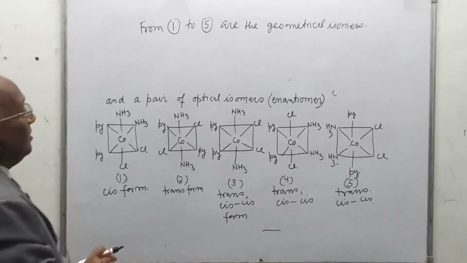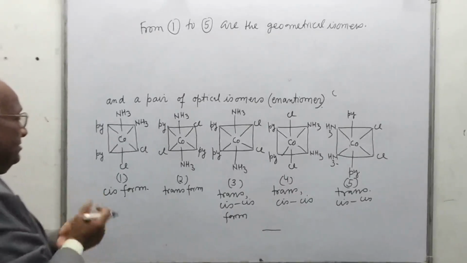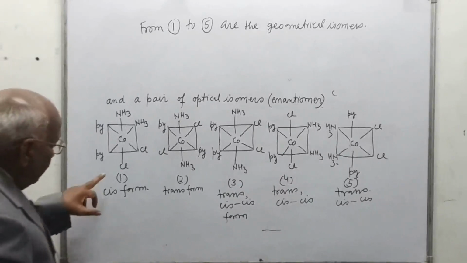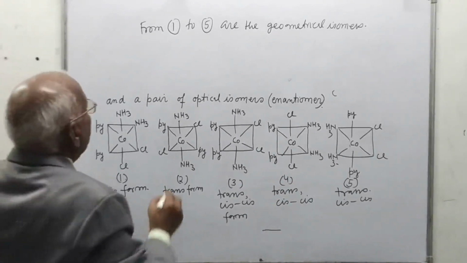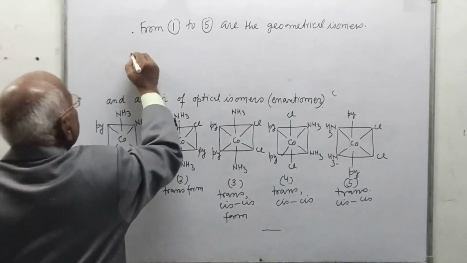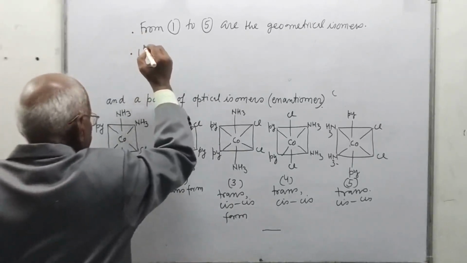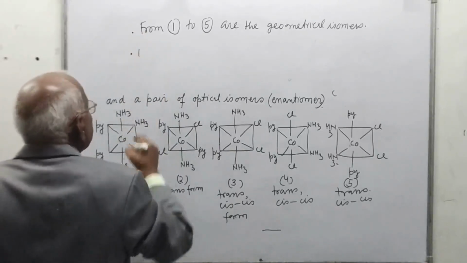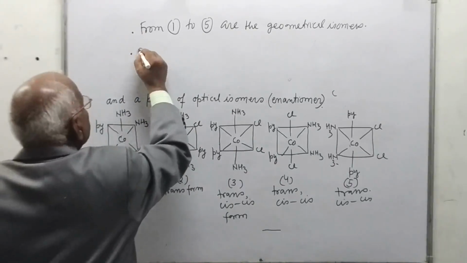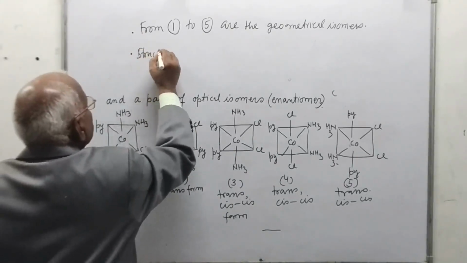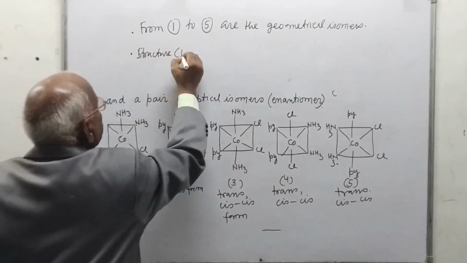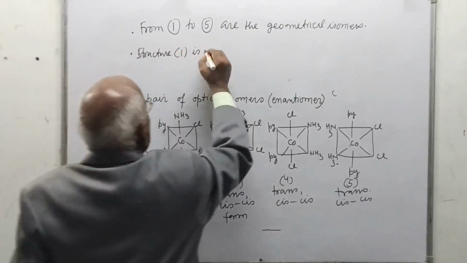Now see about the optical isomers. Structure first is the cis form.